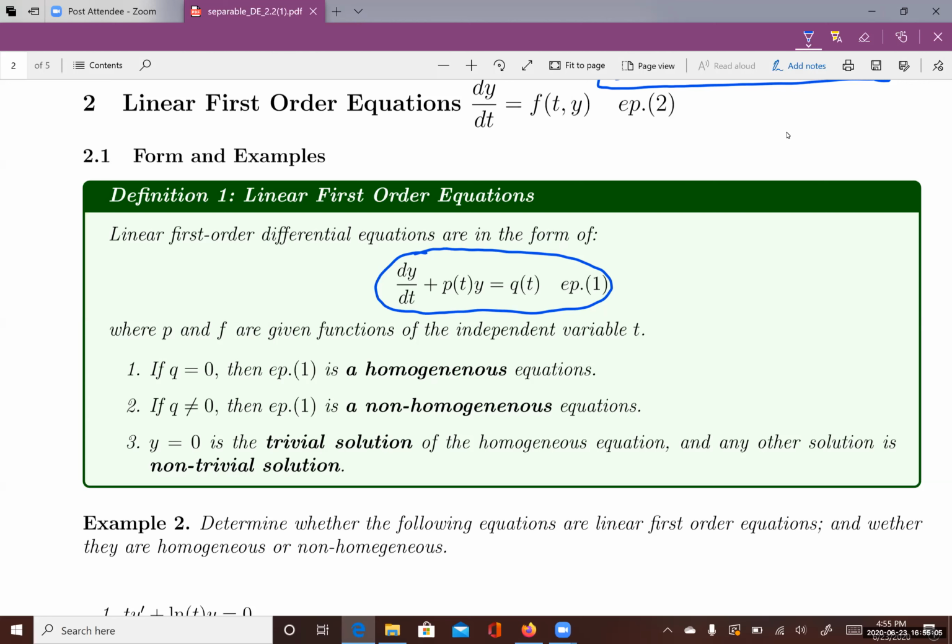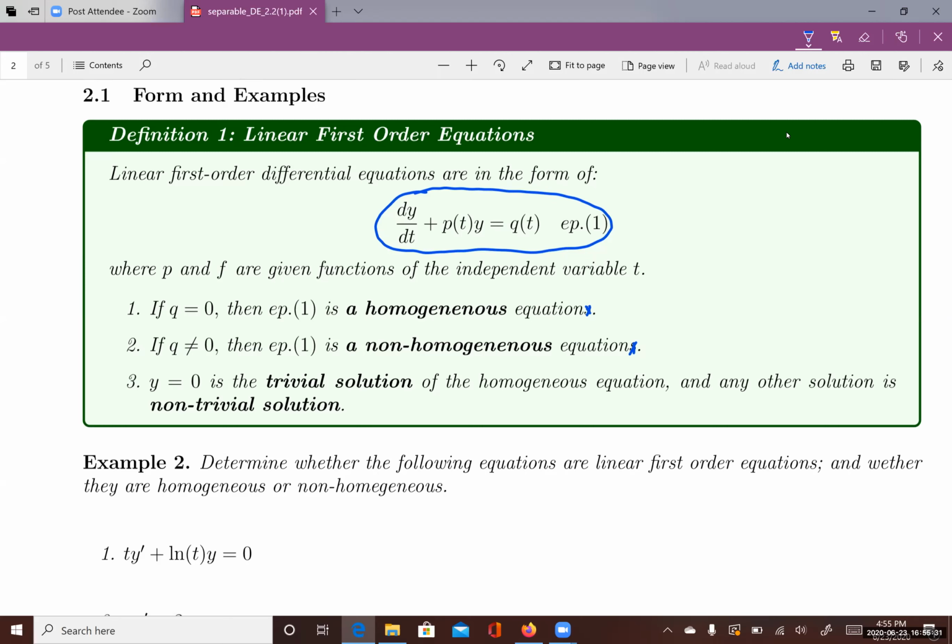So if q of t equals 0, we call this equation a homogeneous equation. And if q of t is not 0, then the equation here is a non-homogeneous equation.